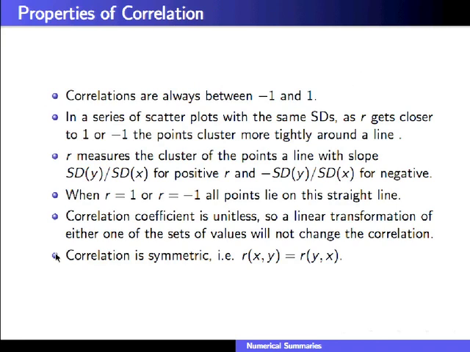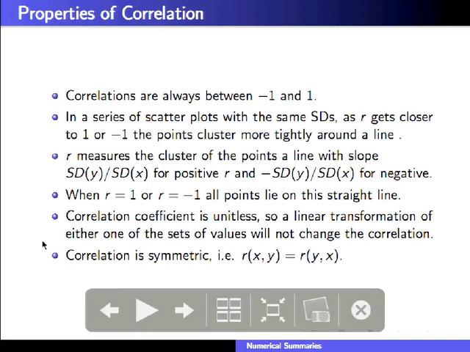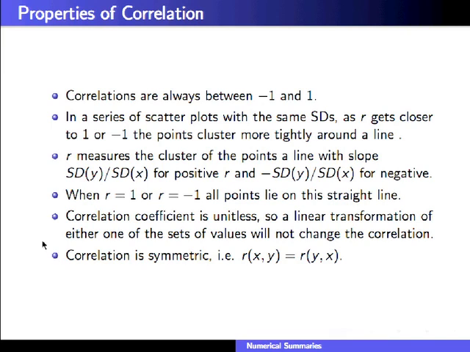If you saw a series of scatter plots that have the same SD, but the correlation coefficient is increasing, as it gets closer to either +1 or -1, the points are clustering more and more tightly around a line. That line is the SD line, and it has a slope, which is the SD of y over the SD of x when the correlation coefficient is positive, and it's minus the SD of y over the SD of x when it's negative. If it's exactly 1 or -1, then all the points fall exactly on a line.